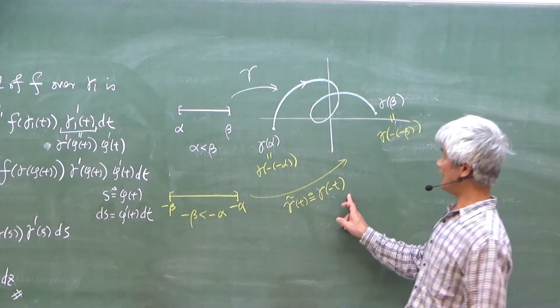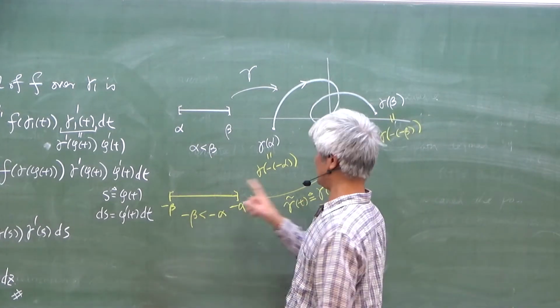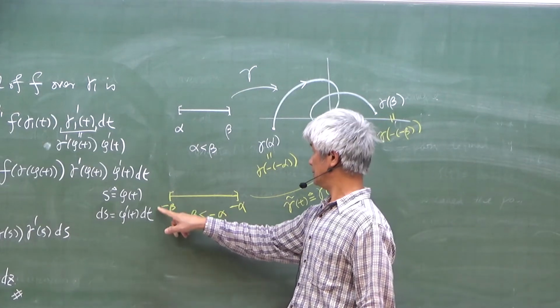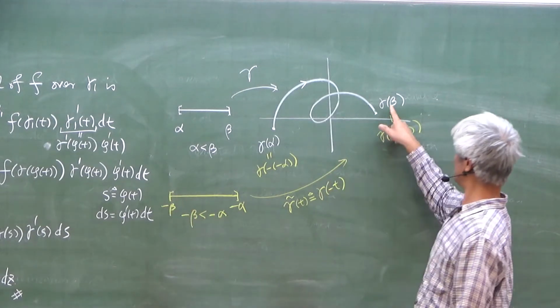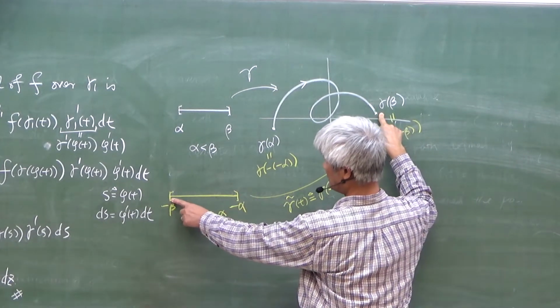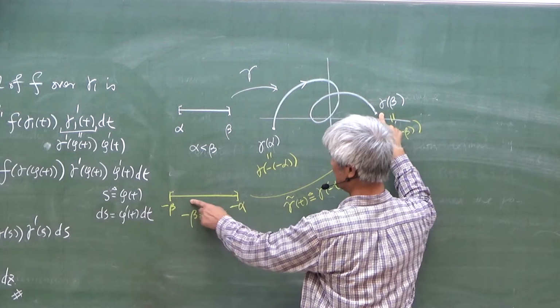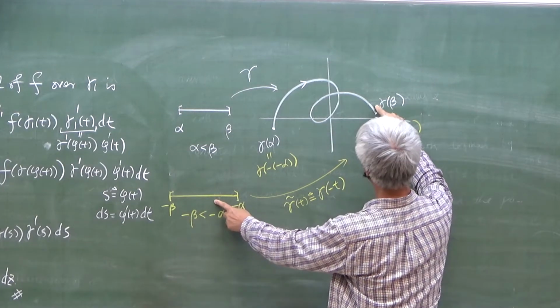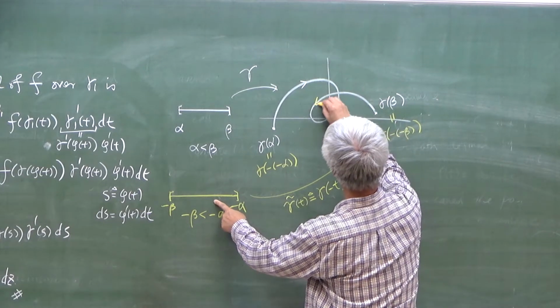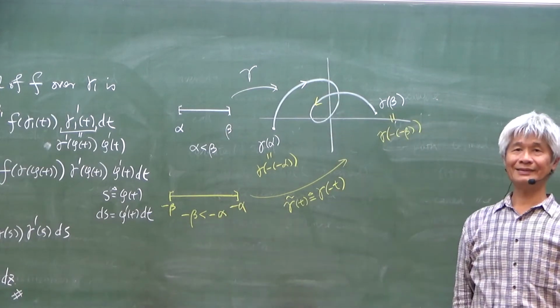Now when t is equal to minus beta, then minus t becomes beta, so it starts from here, right? When t moves up to minus alpha, the curve will move in this way. So the direction will be this way.